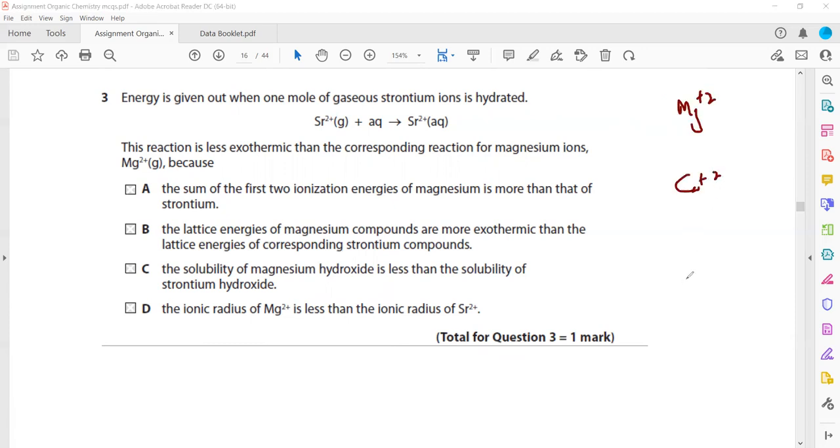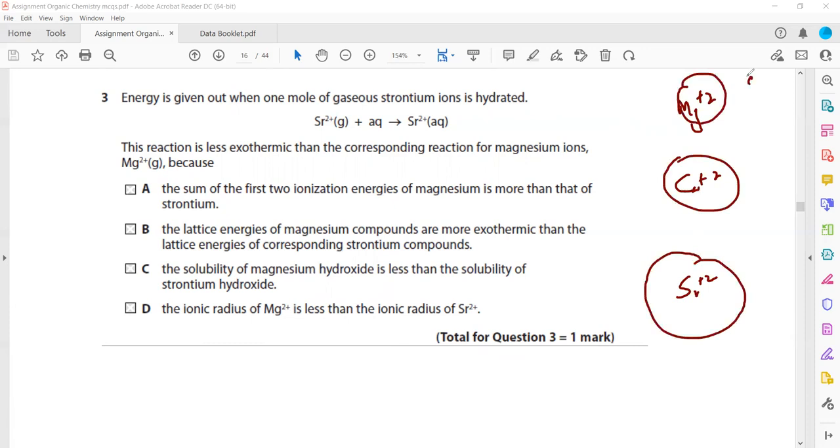Calcium will have higher than strontium, because strontium's ion is larger in size. So a strong bond is there for magnesium and oxygen as compared to calcium and oxygen, or calcium and water molecule. And strontium, because of larger size, has less attraction, so less energy will be released.